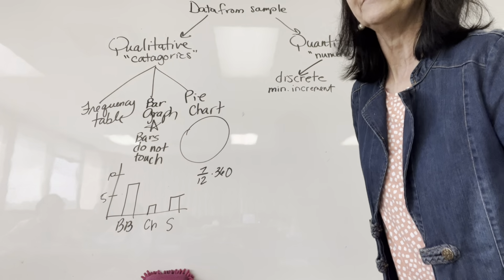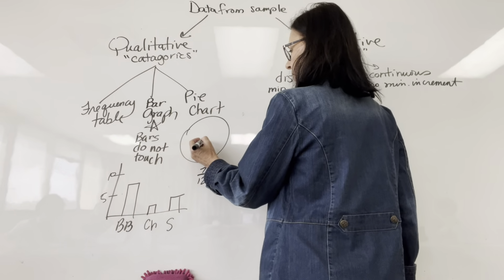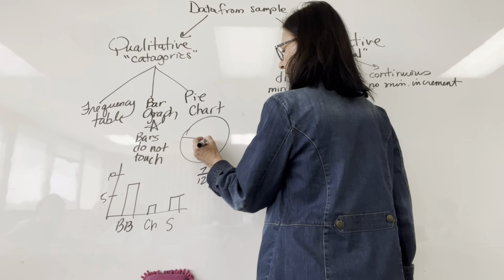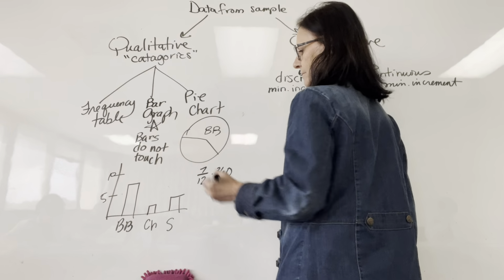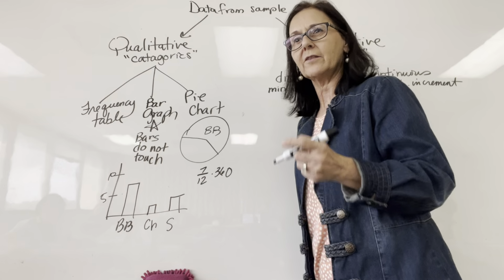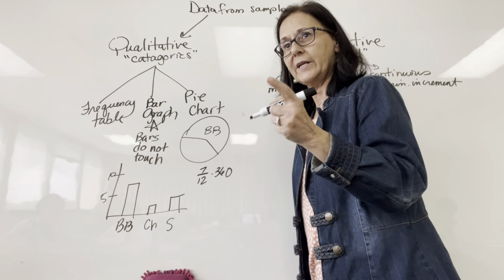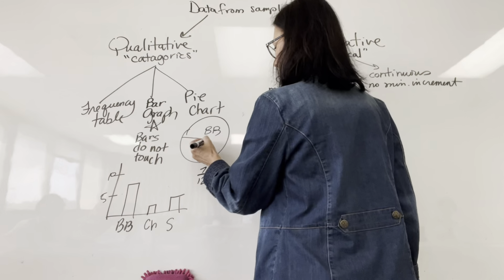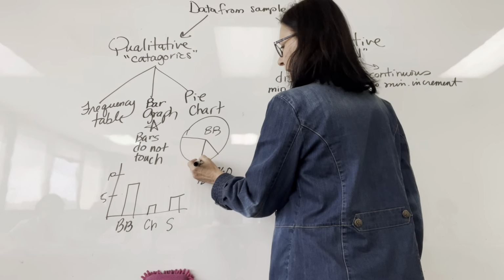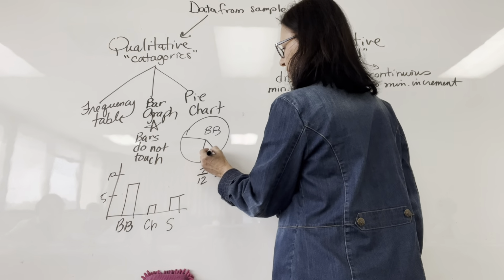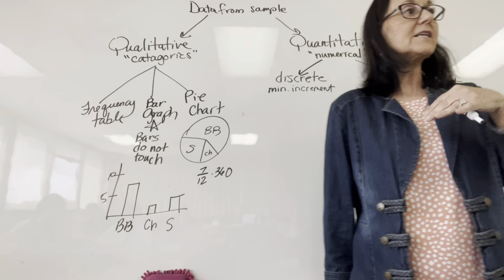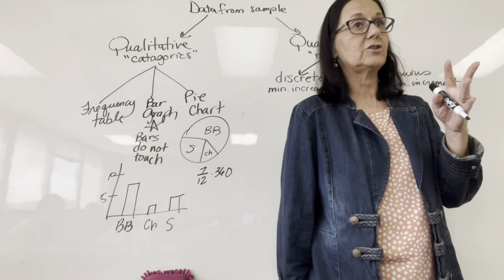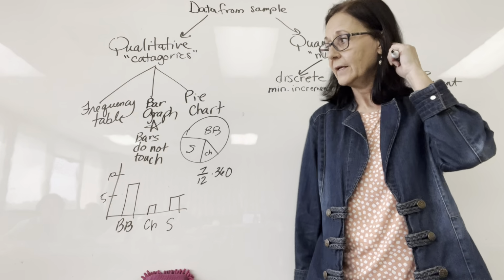Okay, so it's more than half. So this would be basketball. 1/12 of 360 would be 30. So we'll say that's cheer, and then the rest is soccer, right? So you look at central angles for pie charts. Got it?